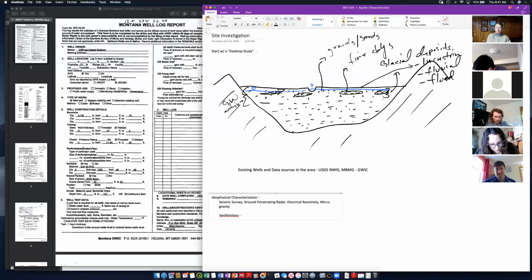So you need ground truth. All right, so geophysics is wonderful. I have a PhD in it, but I'll say that until you start drilling, you don't really know what's happening. And so that brings us to our sort of fine detail characterization, and that is drilling.